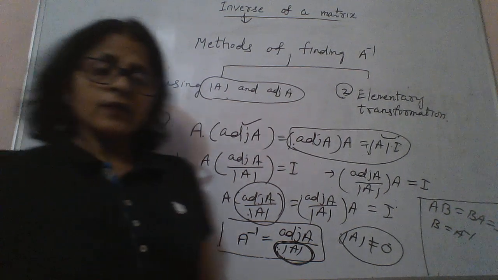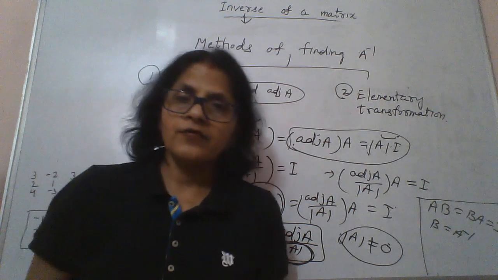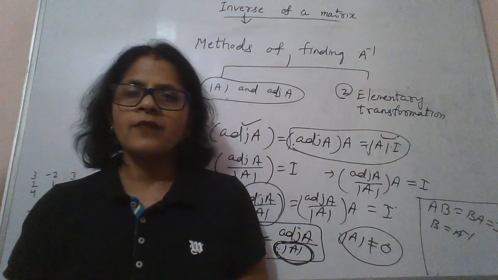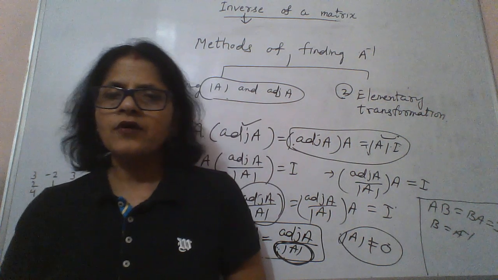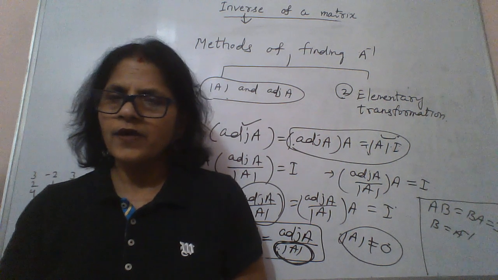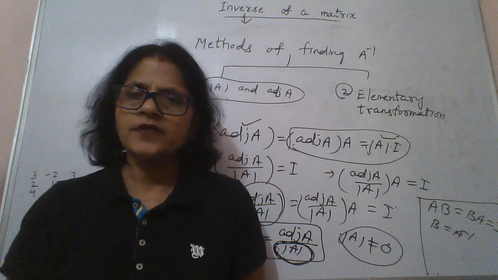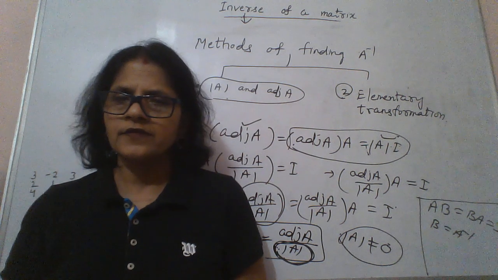From this expression, it is also very clear that whenever we have to calculate A inverse, we have to be very sure that determinant of A should not be 0. If determinant of A equals 0, I mean if matrix A is a singular matrix, you cannot have A inverse.